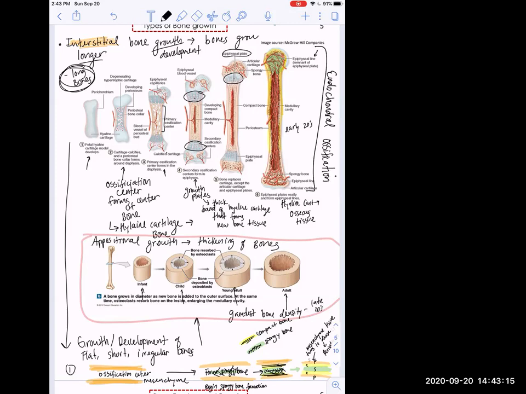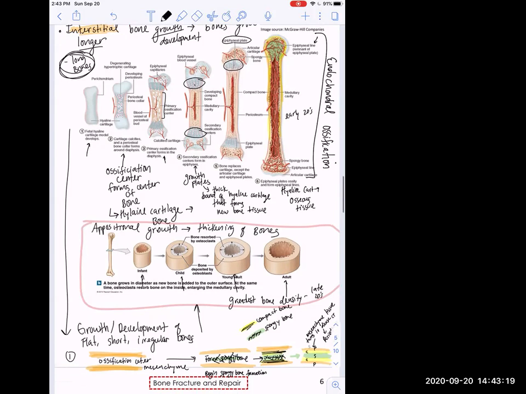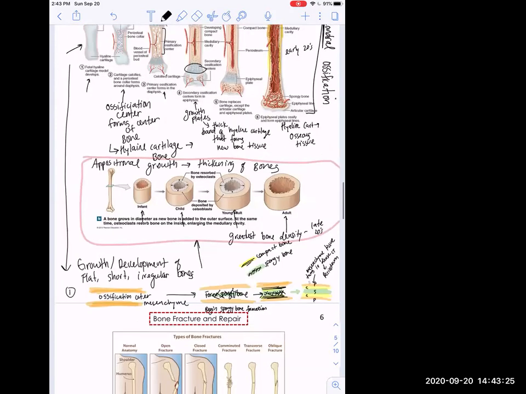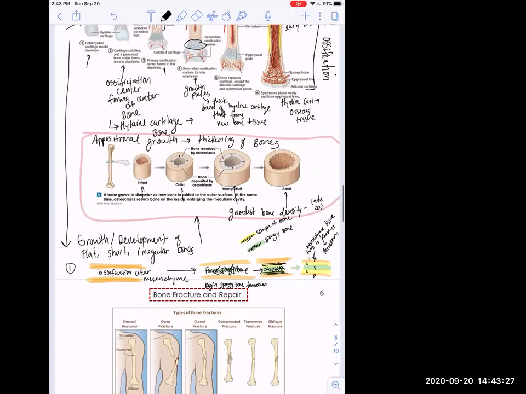We call that endochondral because endo means within, chondral means cartilage. You start with a cartilage model. This other type of growth and development I've talked about over here, we call intramembranous development, because you have bone development between two membranes of stem connective tissue.